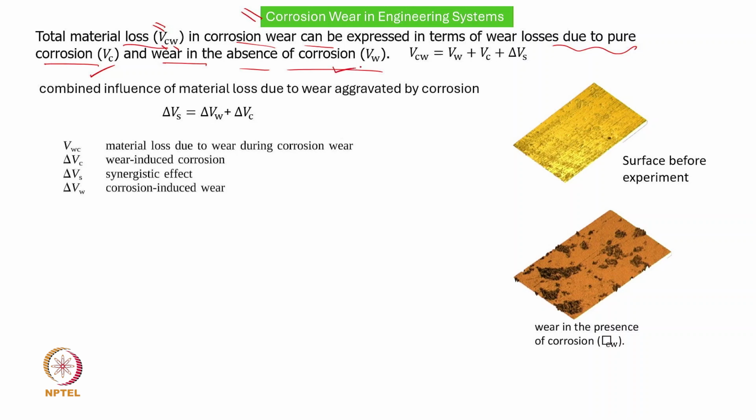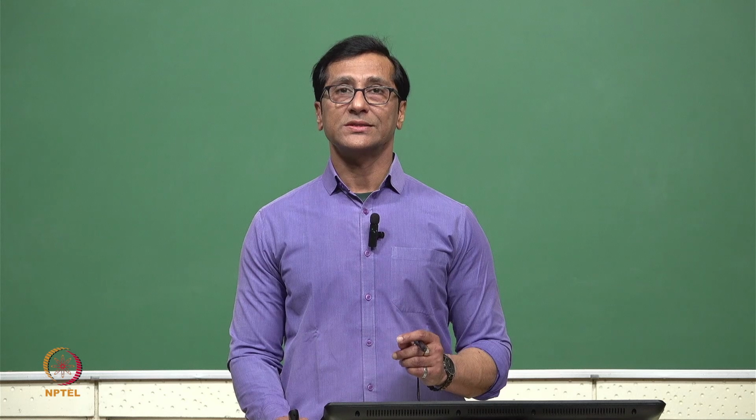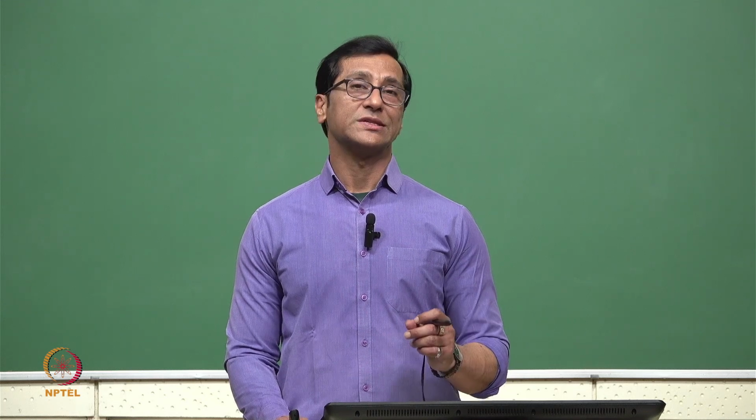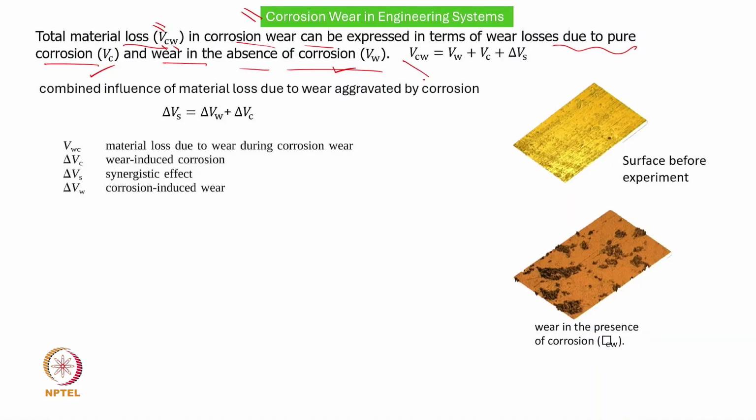Again, if there is no sliding motion, wear will not happen so easily. So overall we can say that material loss due to corrosive wear will be the volume loss in absence of corrosion plus the volume loss in presence of corrosion, and there is some sort of synergy between these two. Corrosion and wear are independent, but there will also be interaction.